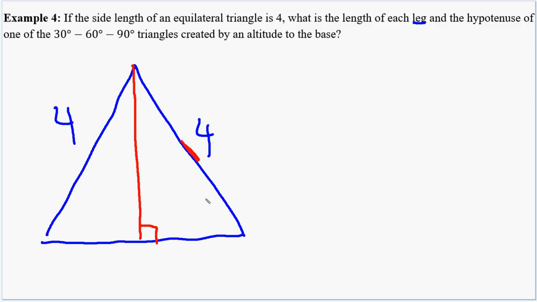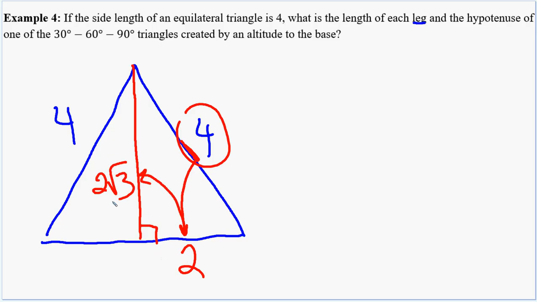I'm on the hypotenuse. If I want to jump here to the short leg, chop this in half. Short leg would be 2. Now I'm on the short leg and I want to jump to the long leg. That is the short leg times the root of 3. There's our side lengths just by jumping around on the triangle.